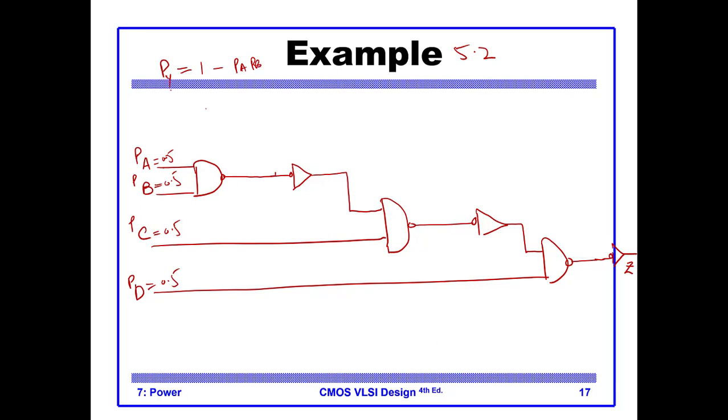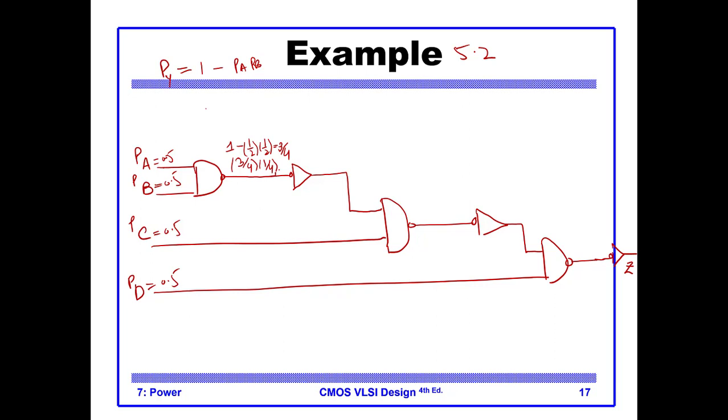So remember this, because we only have NAND gates here, we can write the probability here as 1 minus 1 by 2 into 1 by 2, which is 3 by 4. And similarly, alpha is 3 by 4 into 1 by 4, which is 3 by 16.